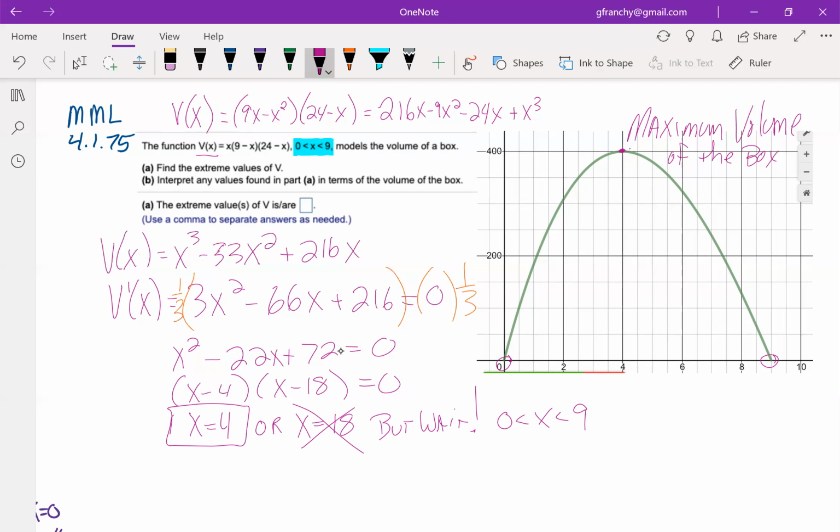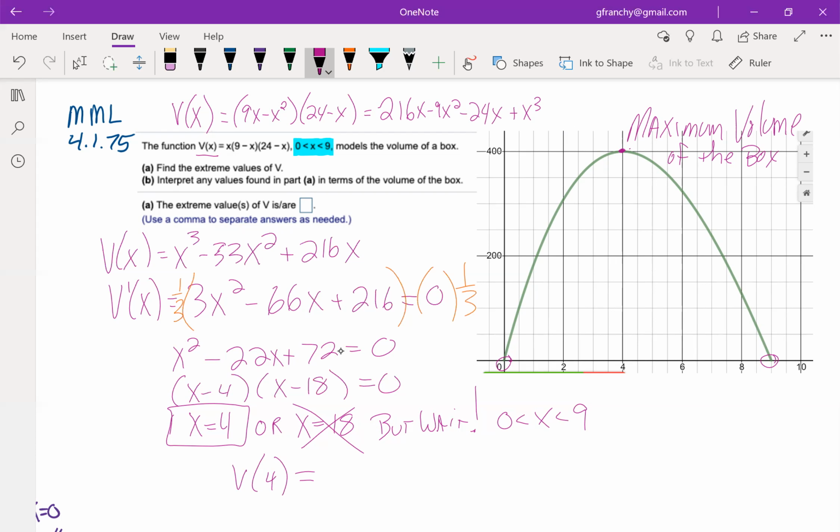So our extreme value of V occurs at x equals 4. And if we wanted to see what the volume of the box was, we could go ahead and evaluate that.